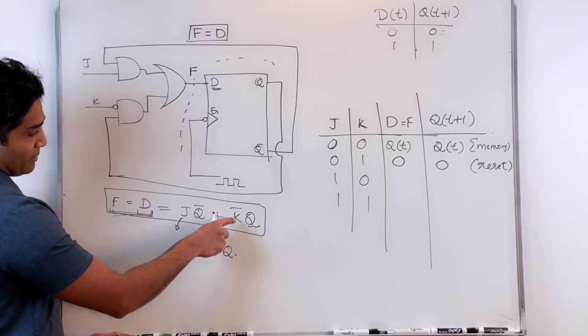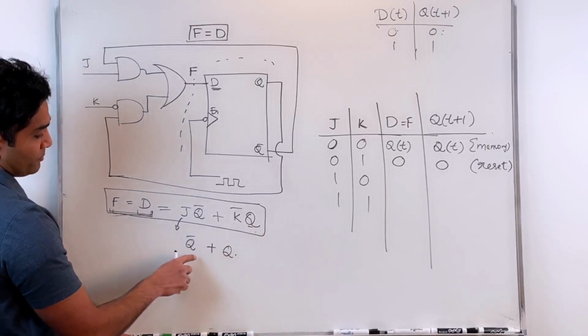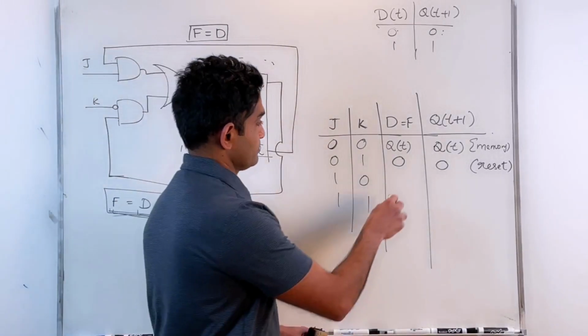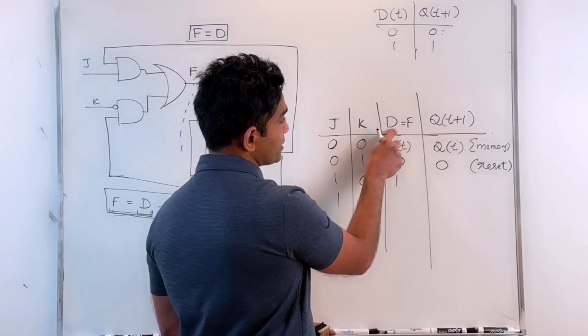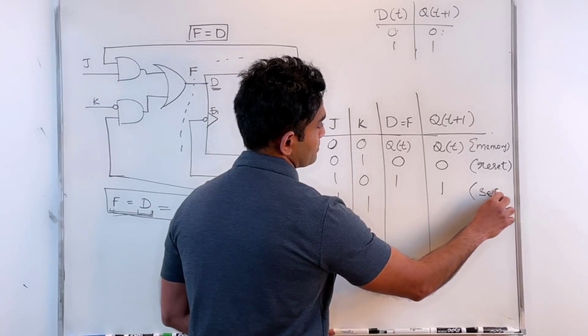K is 0, that makes K prime to be 1, that means 1 times Q is Q. So Q prime plus Q, X plus X prime, is always 1. On the next triggering instance, my Q follows D, so that's 1. That's called the set condition.